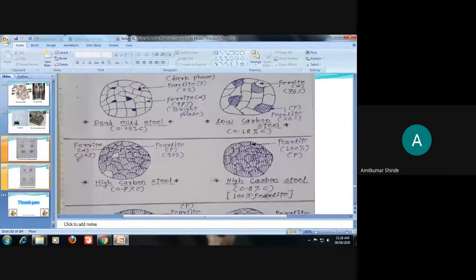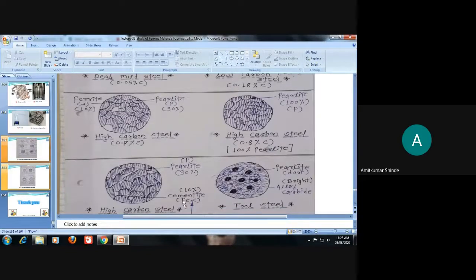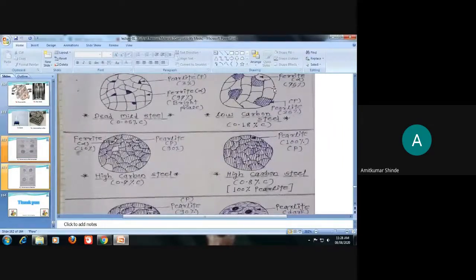At 0.8% carbon, 100% perlite is there. And when the carbon percentage goes above 0.8, perlite plus cementite will be there. And in medium carbon steel, within the range 0.3 to 0.6, you just have to draw the same structure, and show 50-50% ferrite and perlite there.